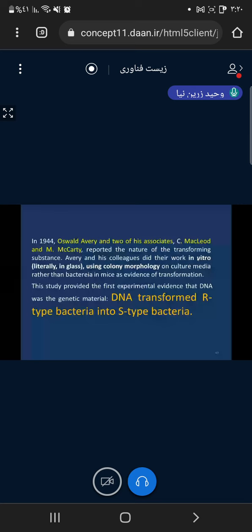In 1944, Oswald Avery and two of his associates, MacLeod and McCarty, reported the nature of the transforming substance. Avery and his colleagues did their work in vitro, using colony morphology on culture media rather than bacteria in mice as evidence of transformation. This study provides the first experimental evidence that DNA was the genetic material.